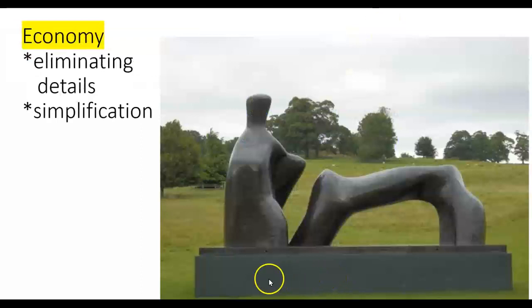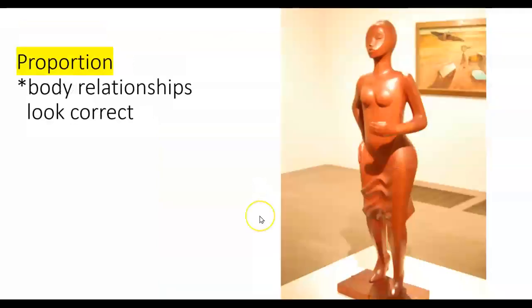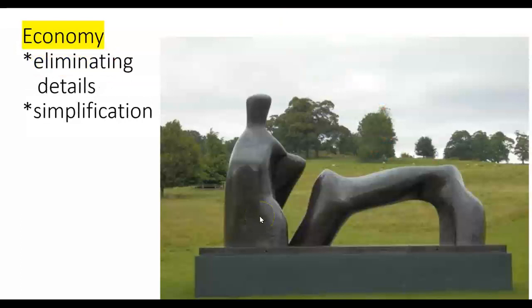Economy, often thought of when we're thinking about abstract art. This is a Henry Moore reclining female figure. This is the head, her upper torso, and her legs down here. So what you're doing is just like when you're putting together your grocery list and you think, man, I don't think I have enough money to buy that cracked crab this week.